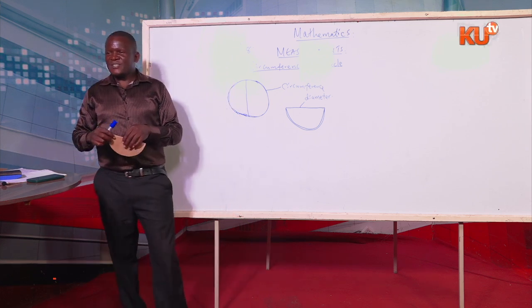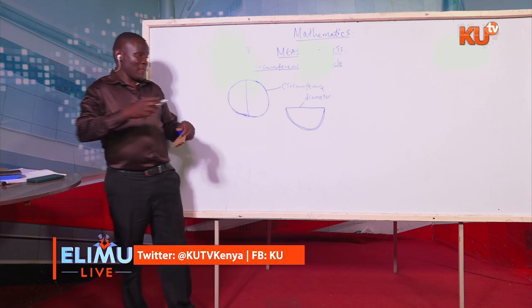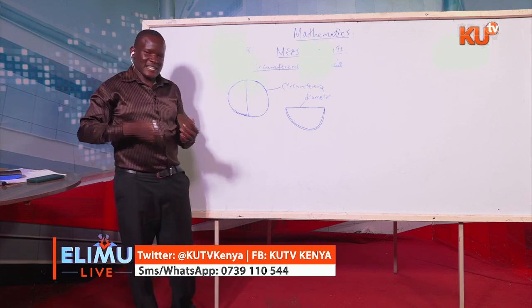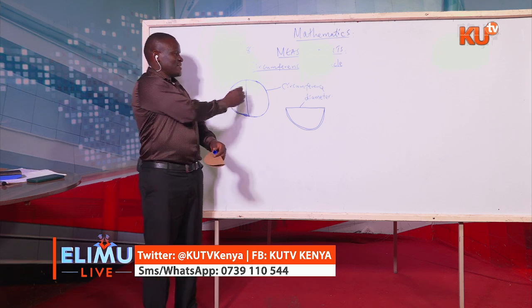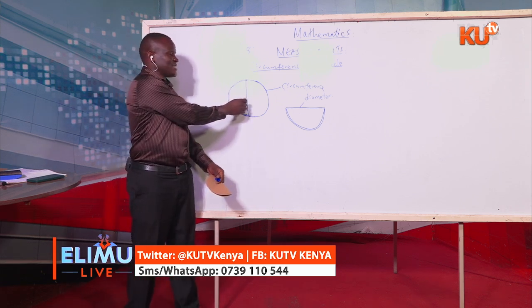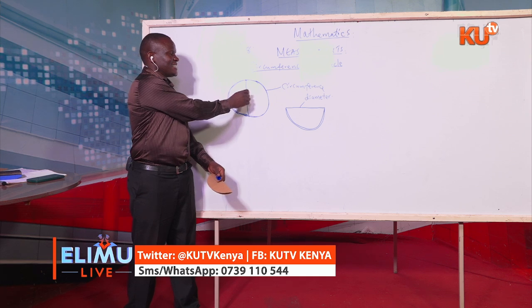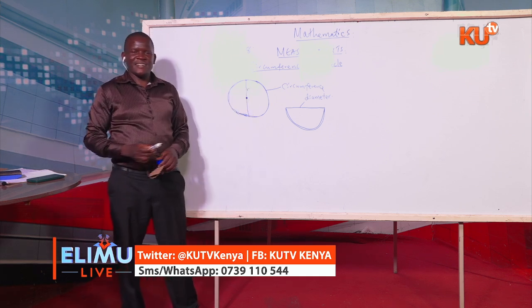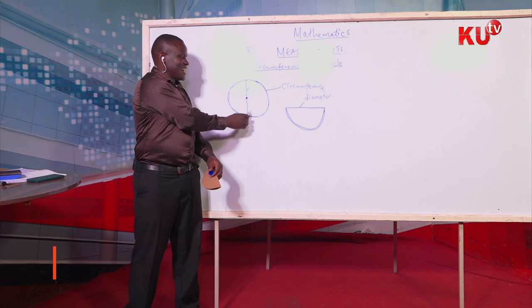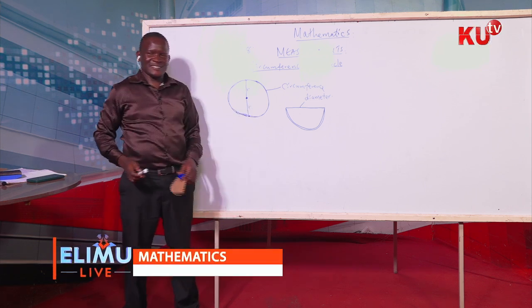Diameter is also divided into two. So from one arc to the center, from this point of the arc to the center is the radius. And from the center to the other arc is also radius.